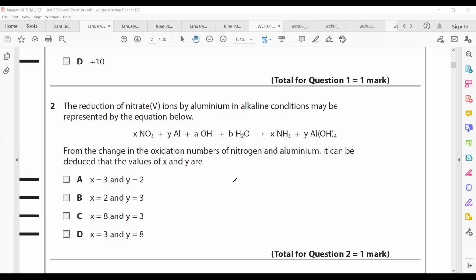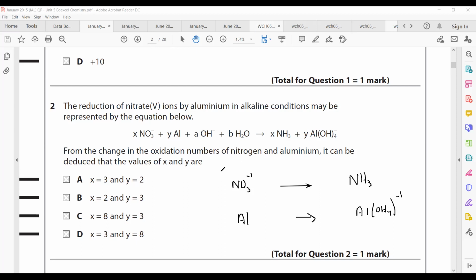So here NO3 with a charge of -1 changes to NH3, and aluminium changes to Al(OH)4 with a charge of -1.